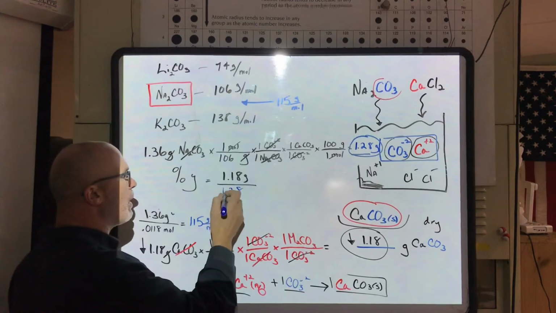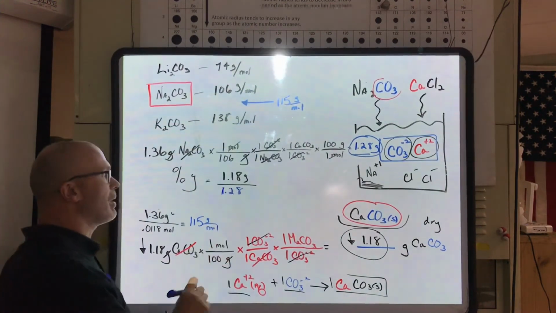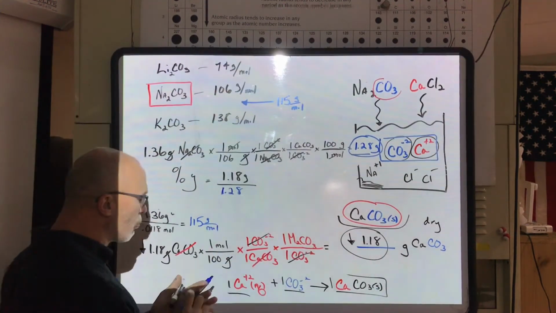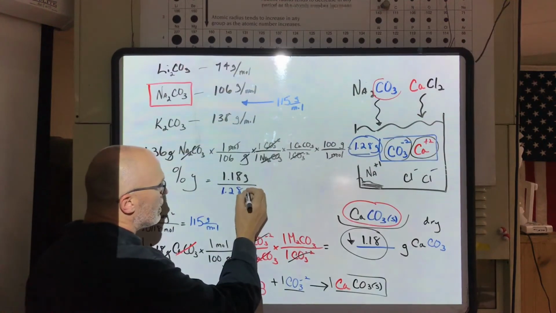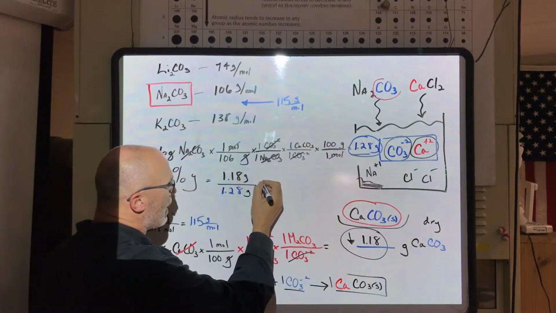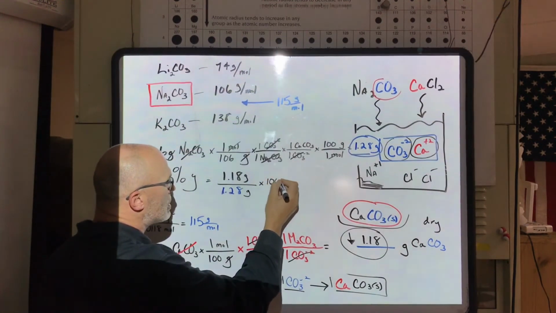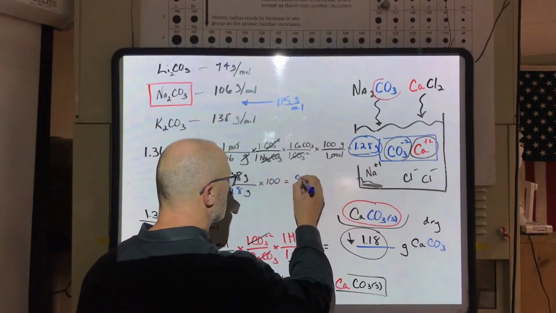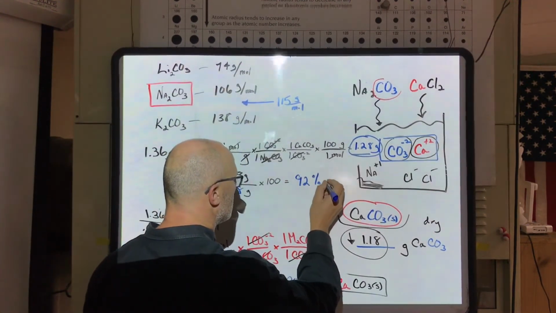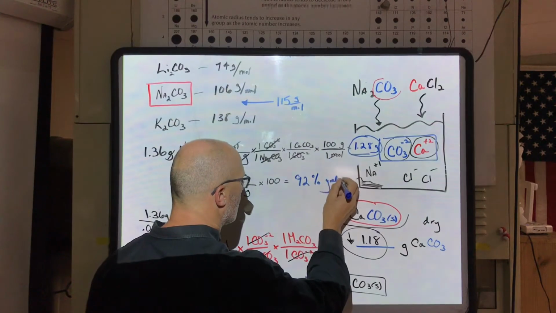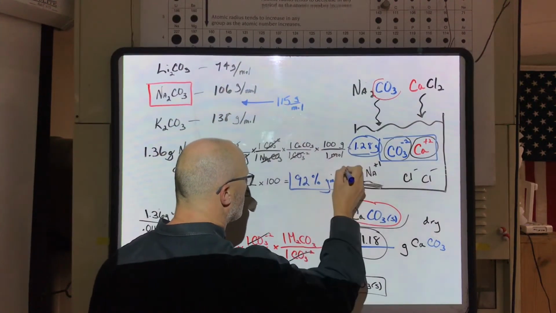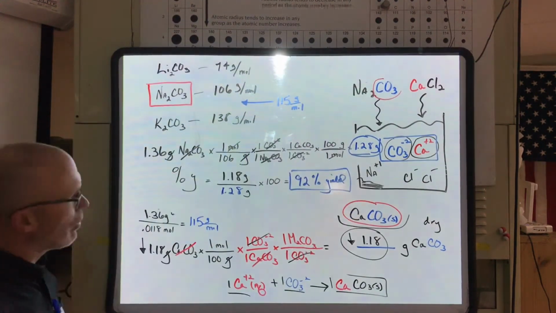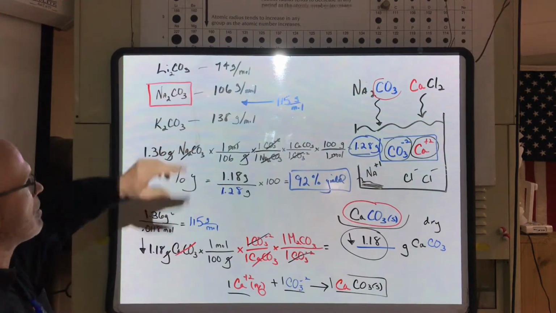Hey, we're under by a little bit. That makes sense for me, okay? And this is really telling me that, boy, I bet I have sodium carbonate. Percent yield. And what's important to me is that really speaks to the fact that I have sodium carbonate.